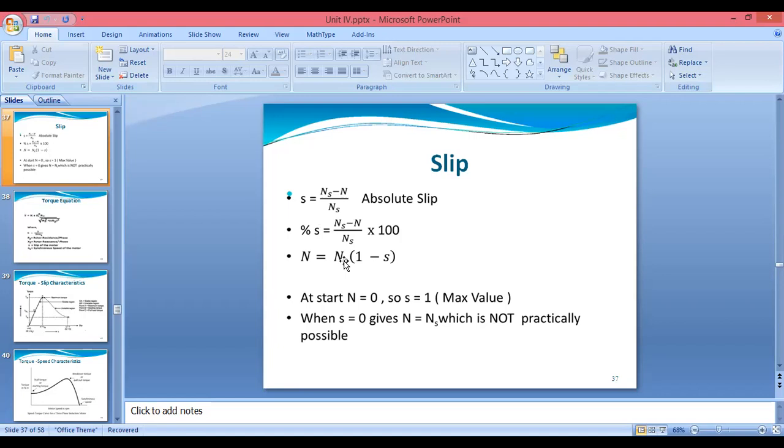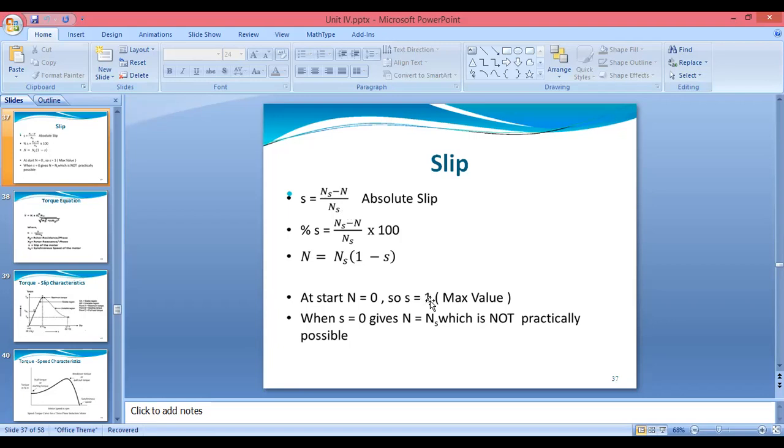So if we are not giving any supply at start, there will be no speed because we are not giving any external power supply. The three-phase induction motor will work as a self-starting machine. So here you will get speed value 0. That's why if you take N equal to 0, you will get S equal to Ns upon Ns, so S equal to 1.